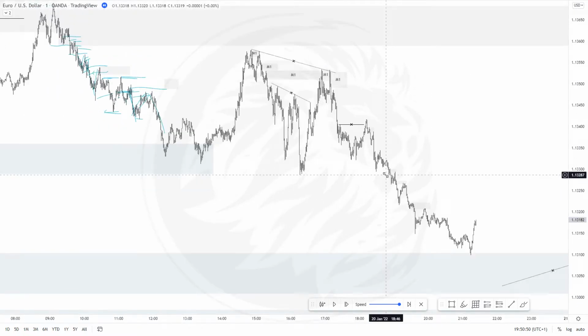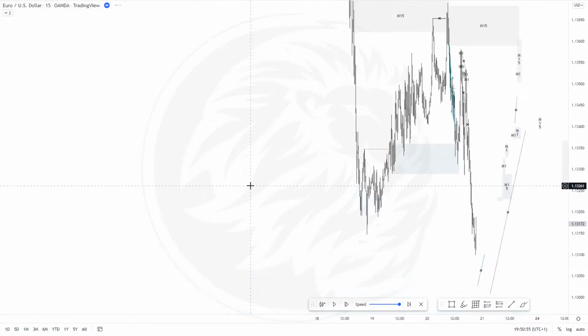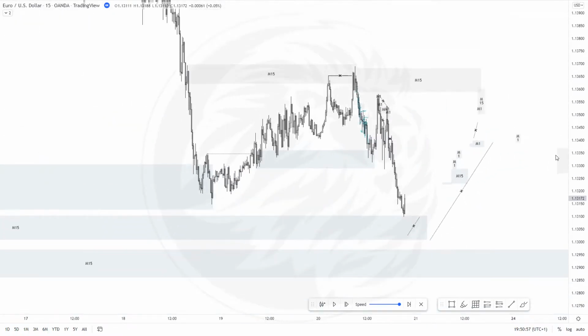Okay, now if I take a look back and go back into the 15-minute time frame, as I can see, price taps into an M15 supply, follows the M1 supply order flow until an M15 demand which breaks structure and with inducement.